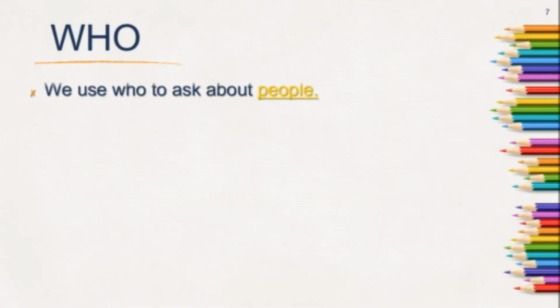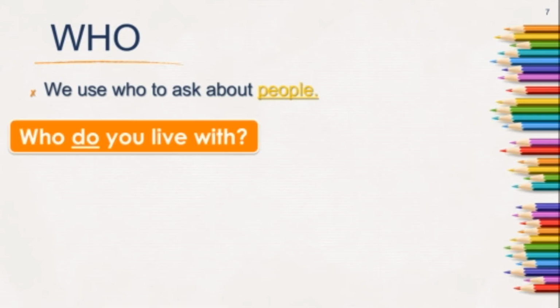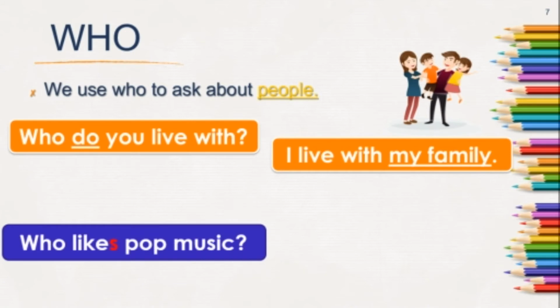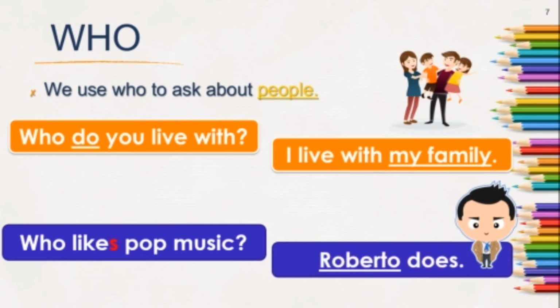Who? We use who to ask about people. Who do you live with? I live with my family. Who likes pop music? Roberto does. And here we have something to explain. As we can see in this question, who likes pop music?